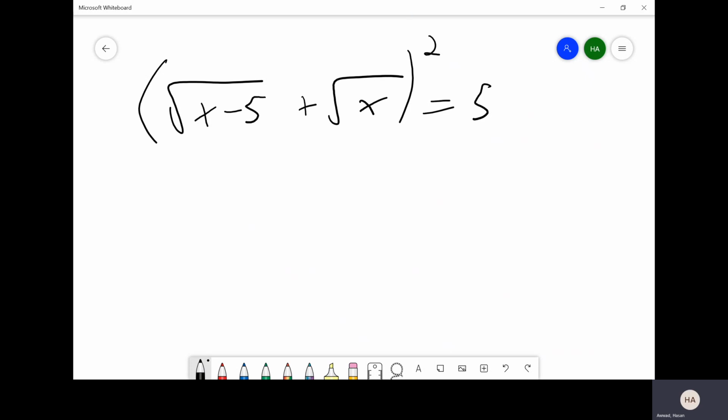And things aren't going to cancel as neatly because we're left with an a plus b squared situation, right? And we know that when you have a quantity of a plus b being squared, you're always going to get that middle term of 2 times a times b, right? So things aren't going to come out necessarily super cleanly. So I don't want to do that.